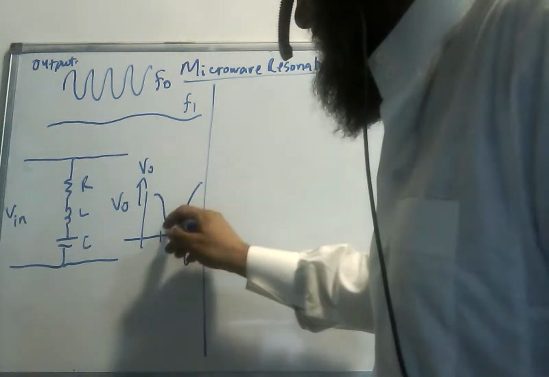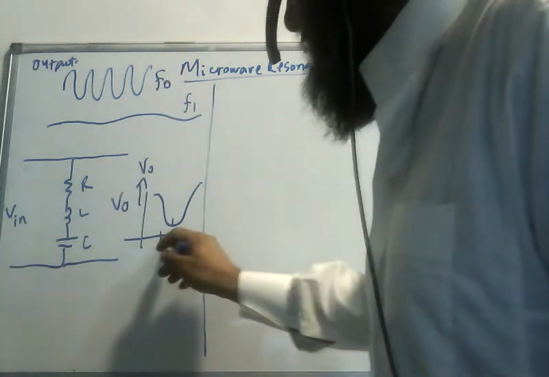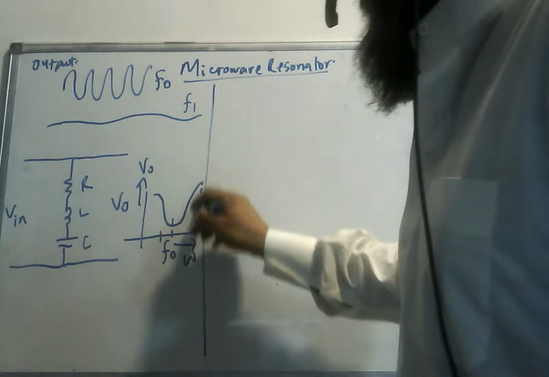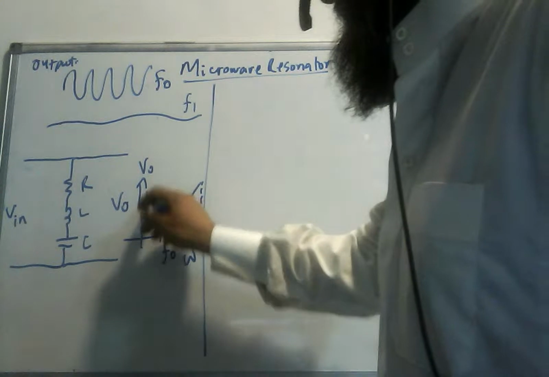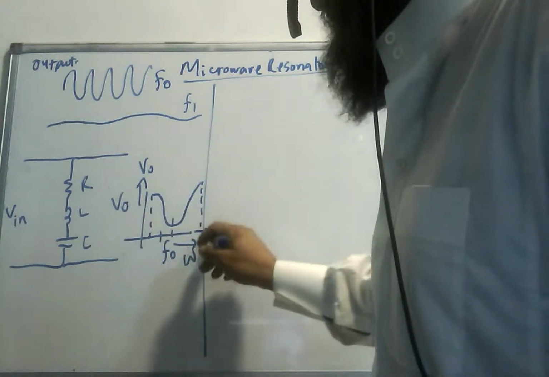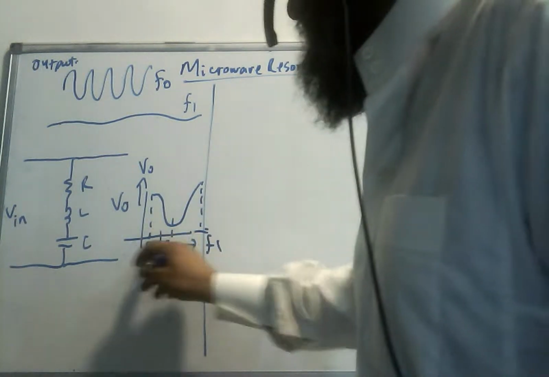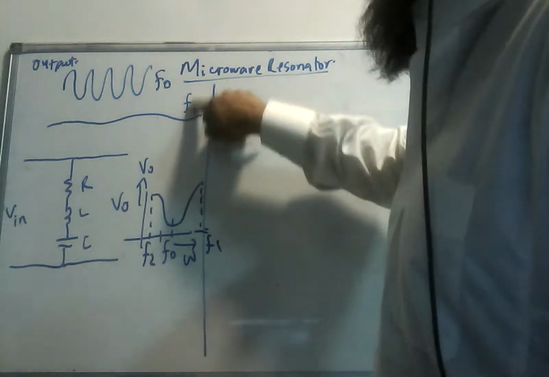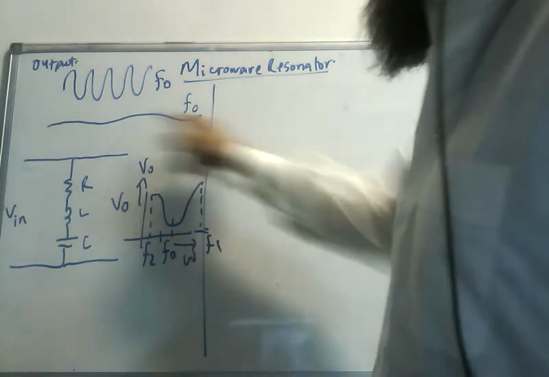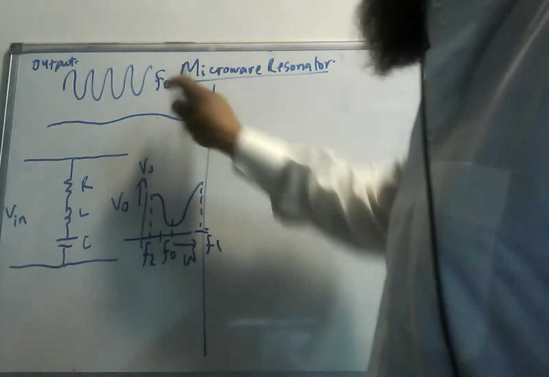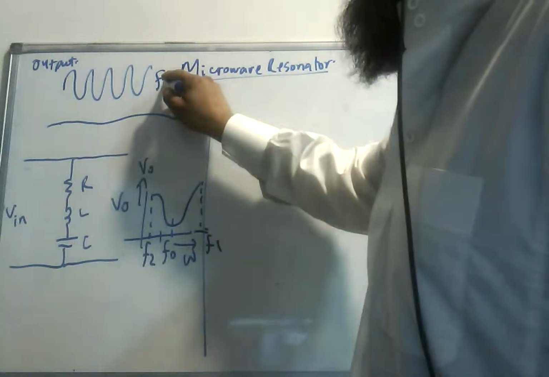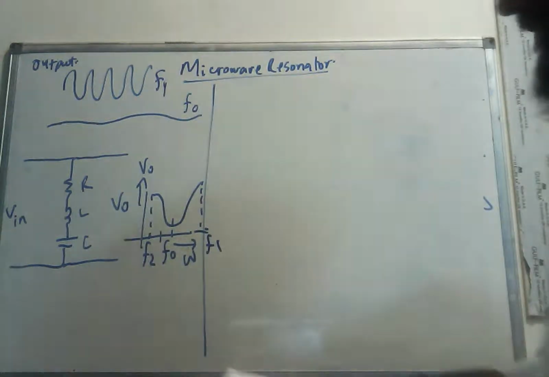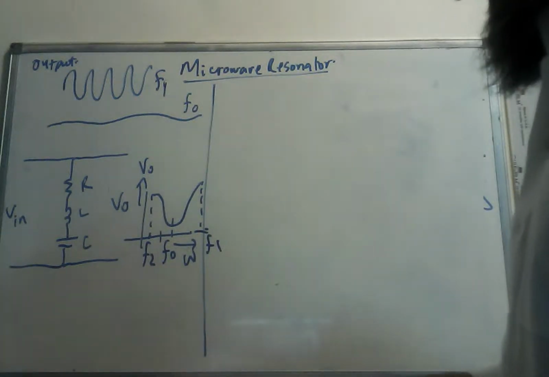At the resonant frequency F naught, I have, so this is F1 and this is F2. Now this type of resonator is the opposite. In this, at F naught, I will see very small amplitude, and at F1 and F2, I will see a large amplitude. So this is a typical example of a resonance.